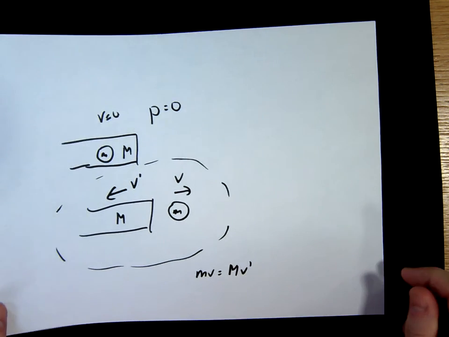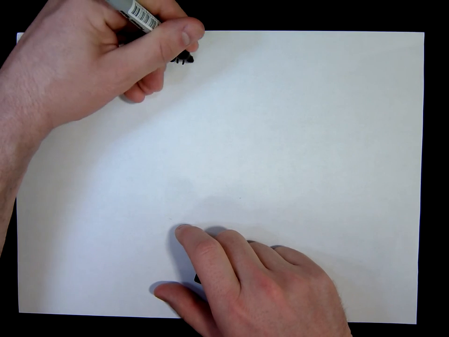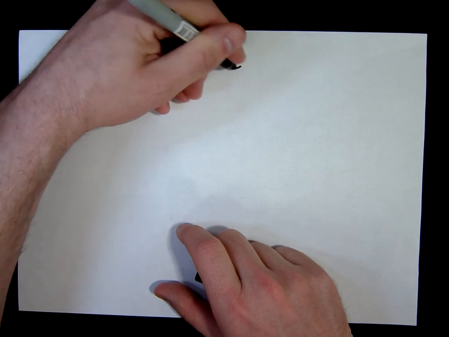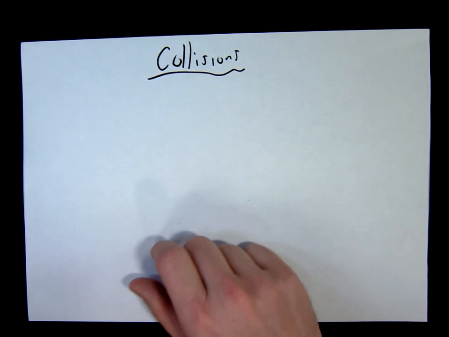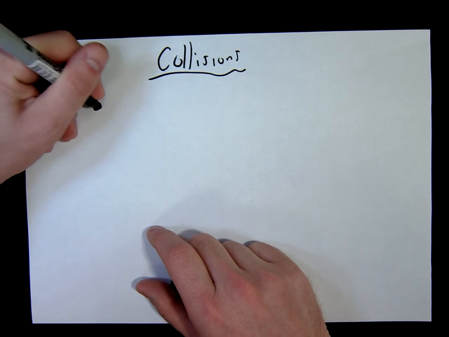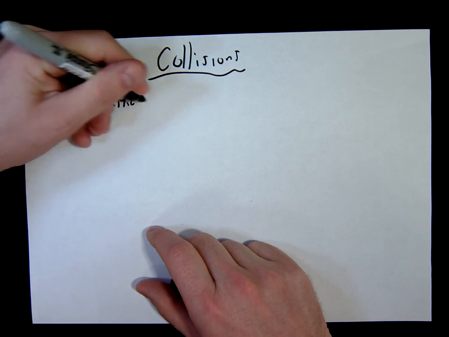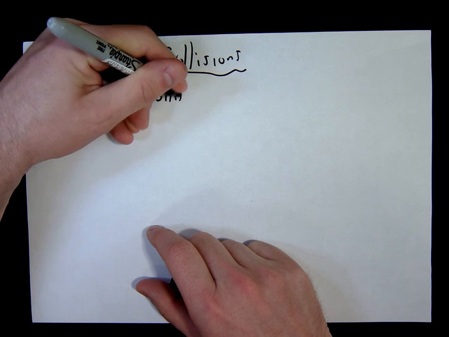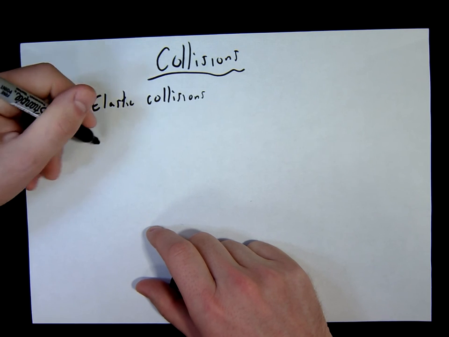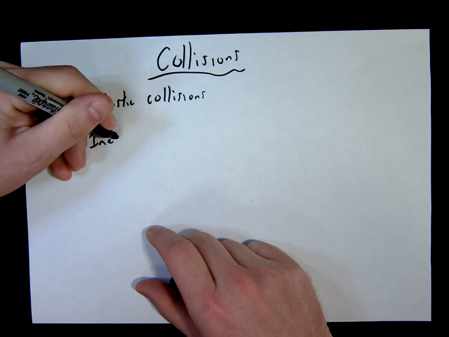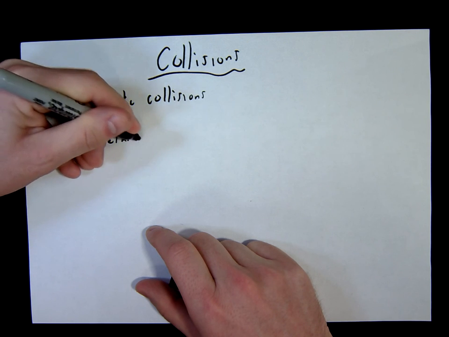One last bit of information that you should be aware of when dealing with momentum is that there are several types of collisions. What are the types of collisions? Well, you're going to get something called elastic collisions, and you get something called inelastic collisions.